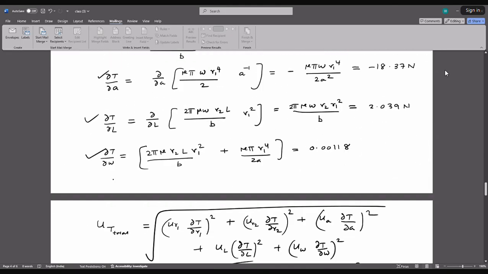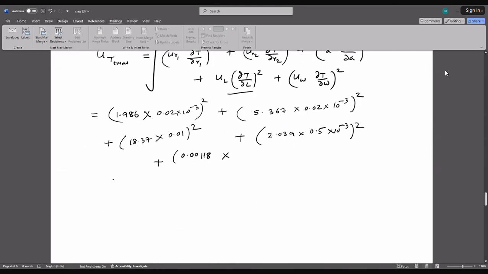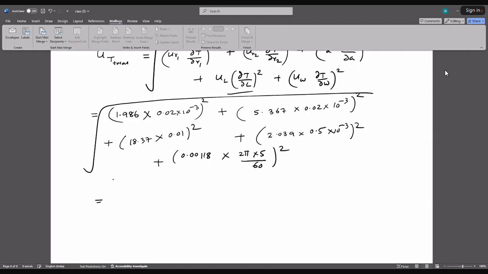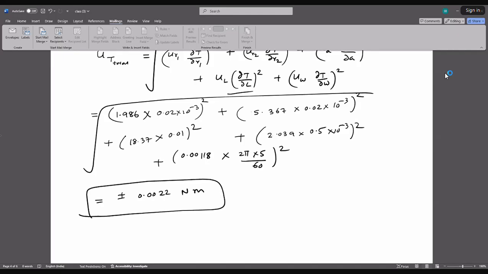So this is 2π into 5 divided by 60, square, and you take whole square root. So this will come out to be plus minus 0.0022 Newton meter. So that is the uncertainty in the torque.